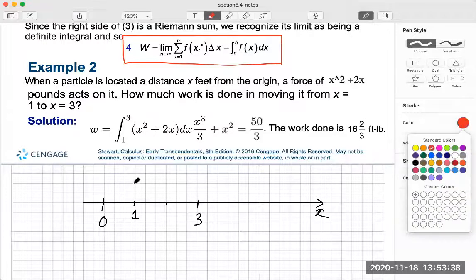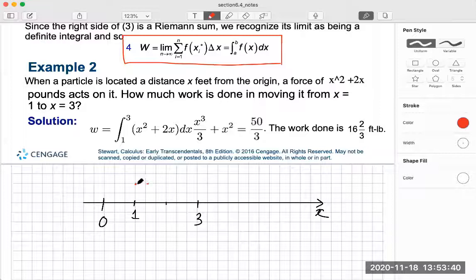So we know that the force will be applied on the whole interval here, right? The same direction.